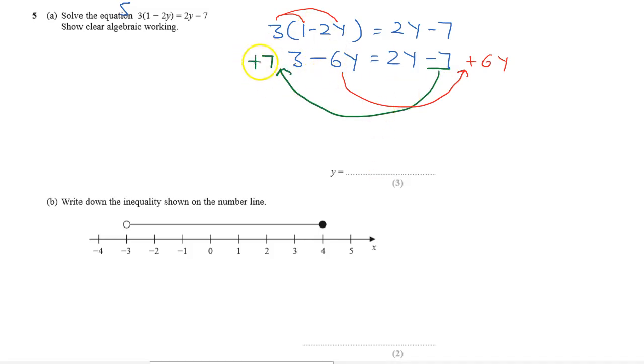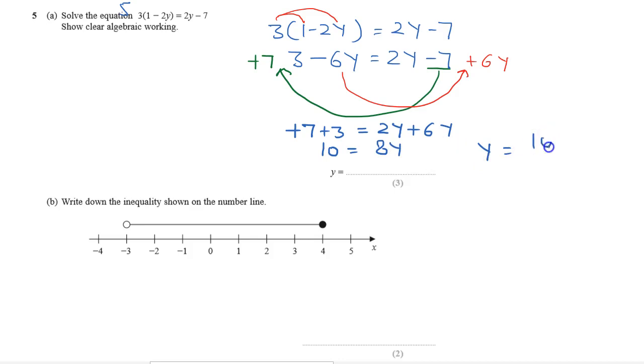So our equation will become plus 7 and plus 3 is equal to 2y, and we transport 6y, so it will be plus 6y. So 10 is equal to 8y.